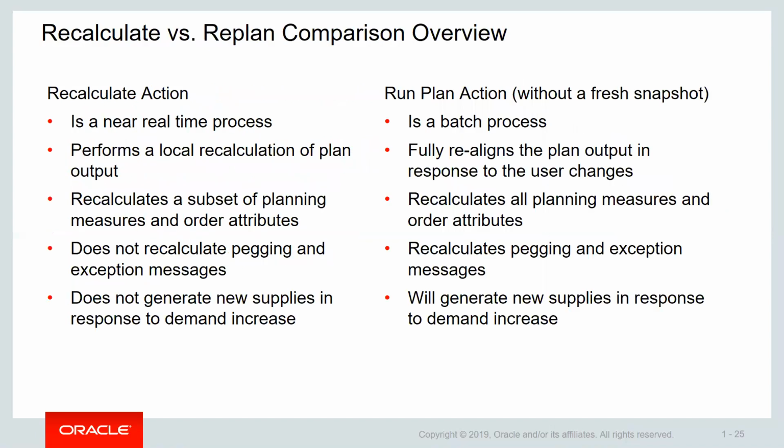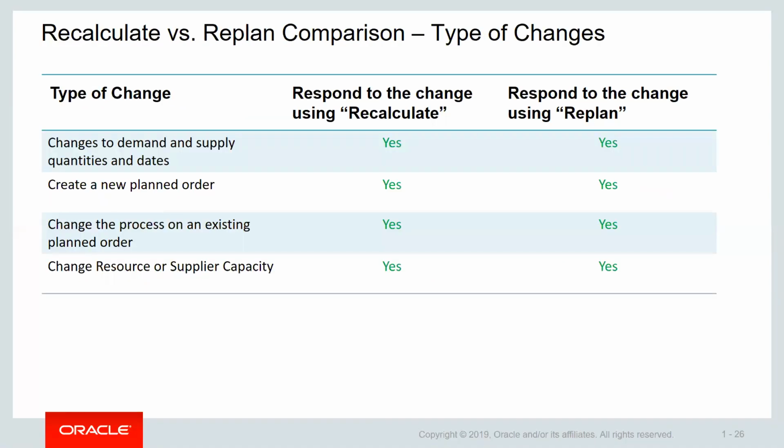Here we have listed what the recalculate action does or does not do, and how it is different from the run plan action. Here we are comparing recalculate with replan in terms of which one we need to use with respect to different kinds of changes.